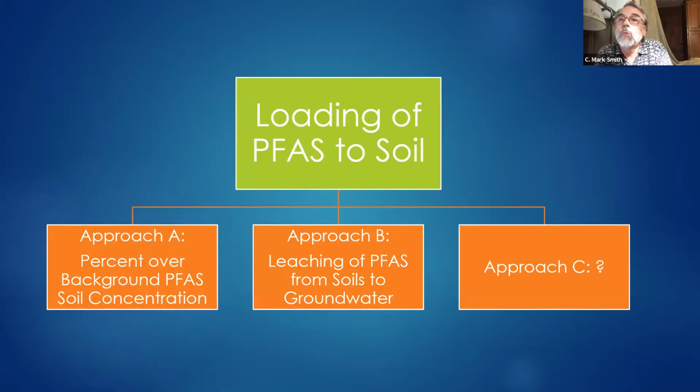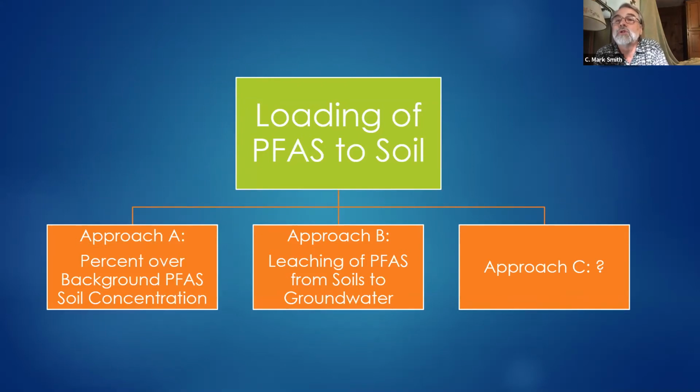All right, so when one applies a biosolid or fertilizer or anything else to soil that contains PFAS, there is a contribution or loading of that PFAS to the soil, and that adds to the background levels that are already there. And the approaches that we're considering, just loosely call them approach A, which is to establish some allowable percent increase over a background level of PFAS that already exists in the soil.